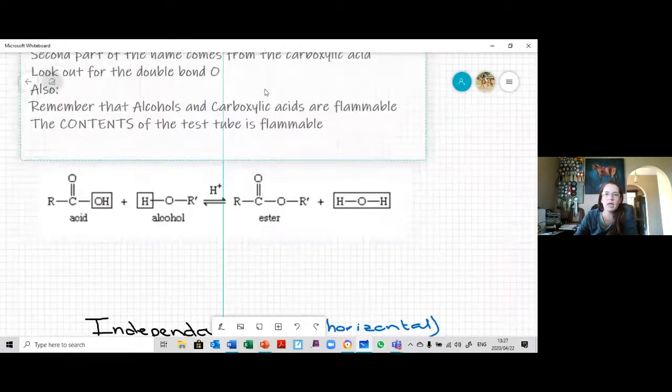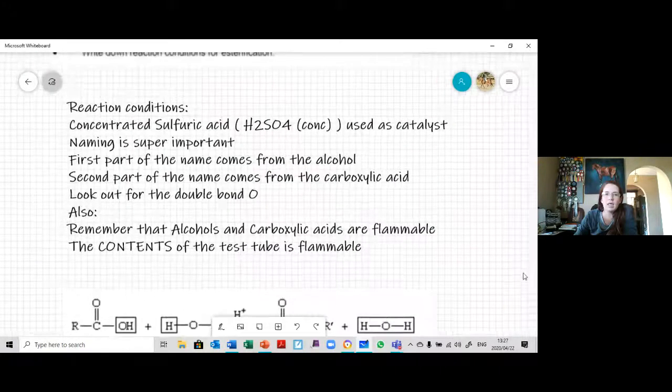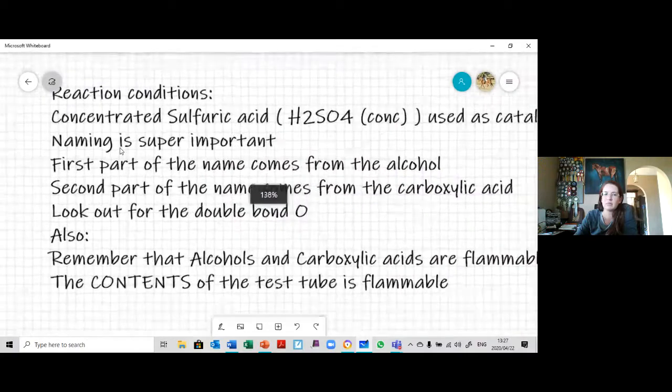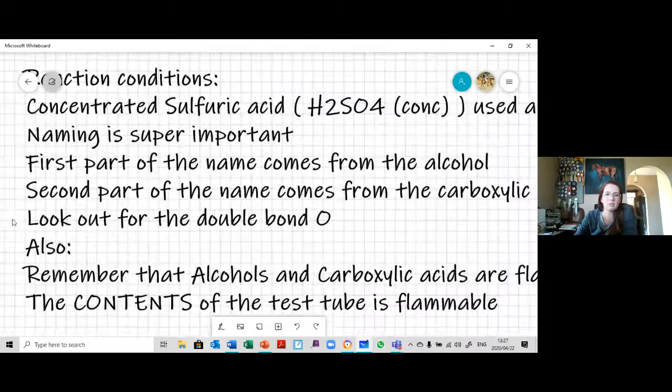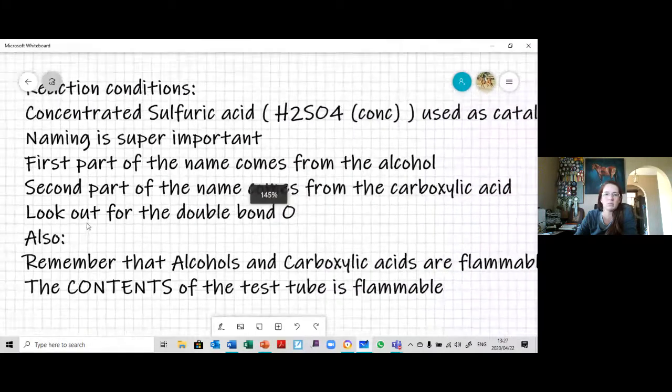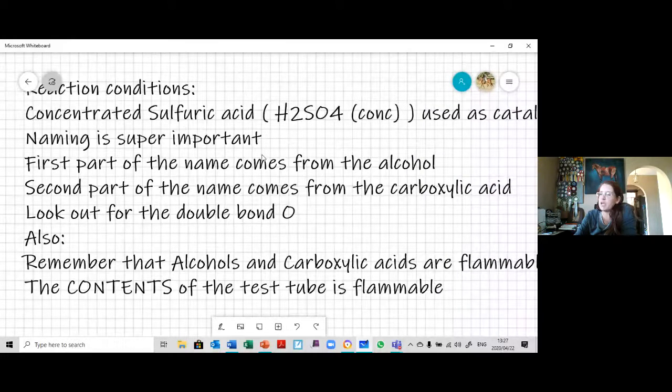Guys, in the drive, there's a Word document called Important Concepts. I pulled this straight out of that. The first part of the ester name always comes from the alcohol, and the second part always comes from the carboxylic acid.